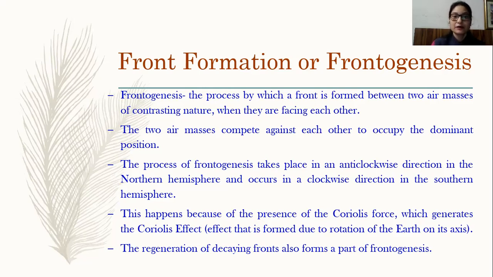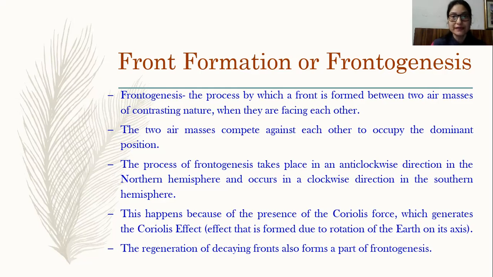Okay. The process of frontogenesis takes place in an anti-clockwise direction in the northern hemisphere and in the clockwise direction in the southern hemisphere. This is important because why does it happen this way? Why anti-clockwise in the northern hemisphere? Why clockwise in the southern hemisphere?